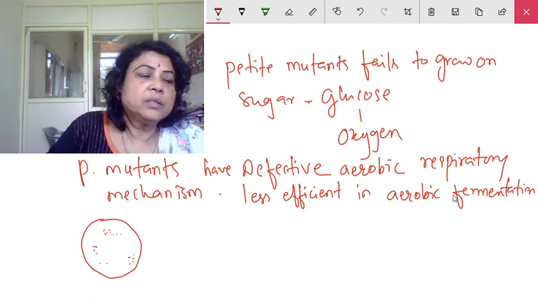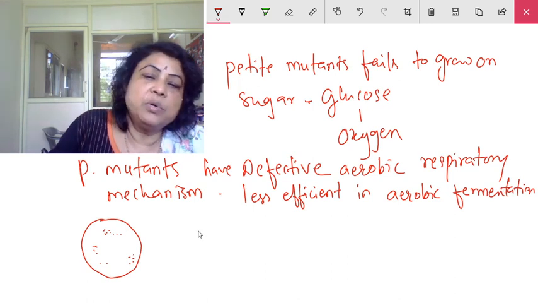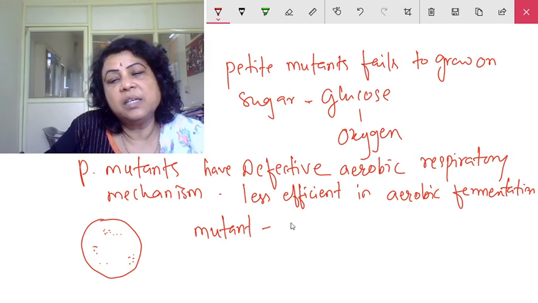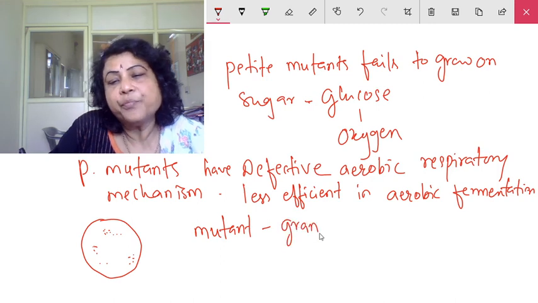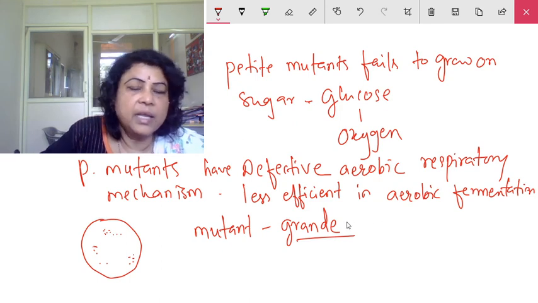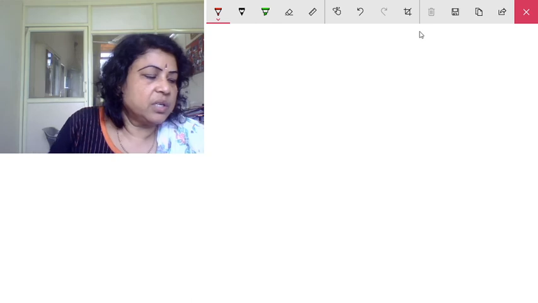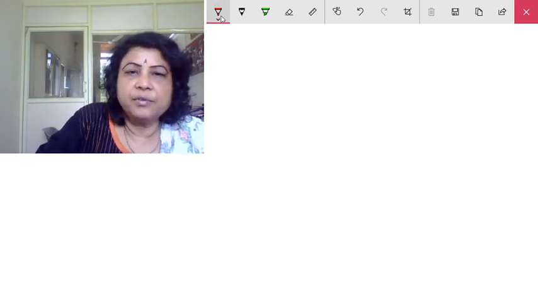They are very slow in aerobic fermentation. So these mutants, petite mutants, are known as the grande. So this grande shows some characteristic features.